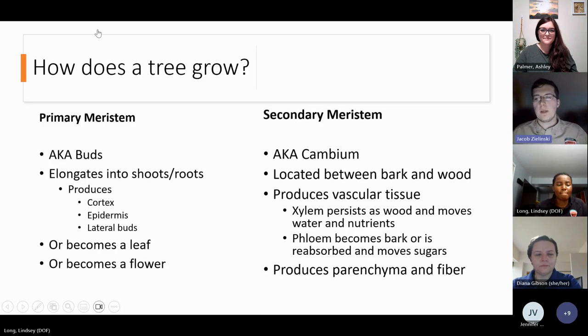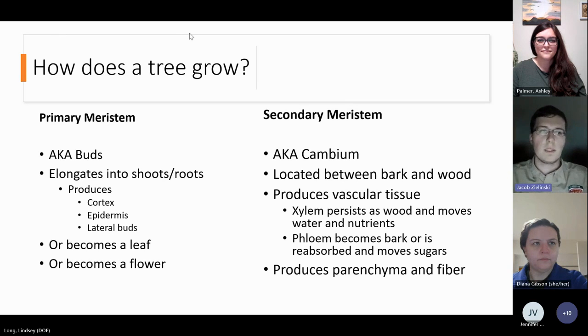So this is the really basic question, how do trees grow? The biggest thing is that meristems are the only point at which growth occurs in trees. And these are what we call buds. Roots and shoots all have these buds on them, and they're made of cortex, epidermis, and lateral buds.